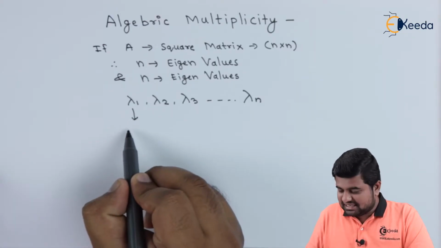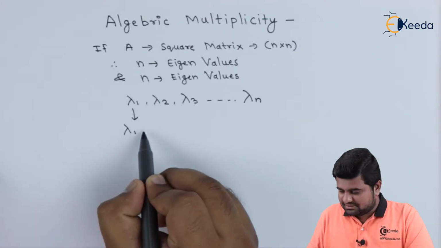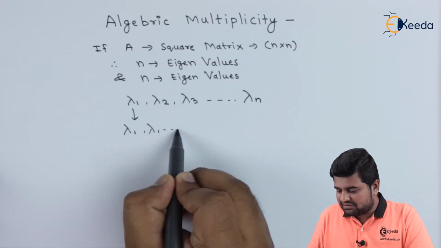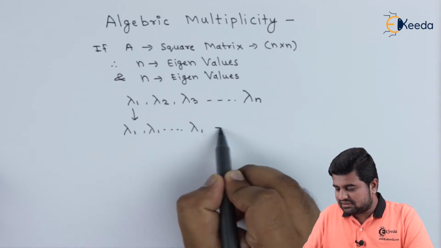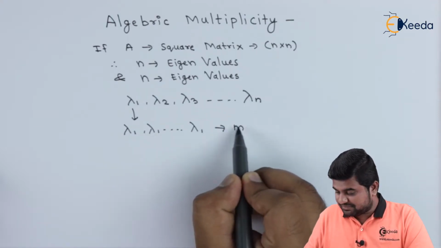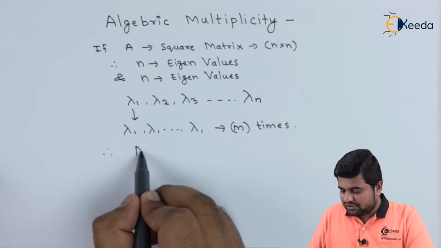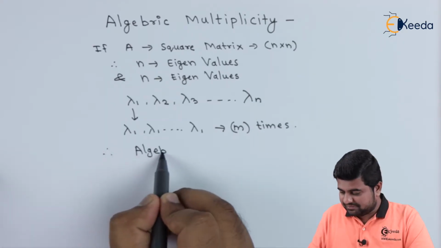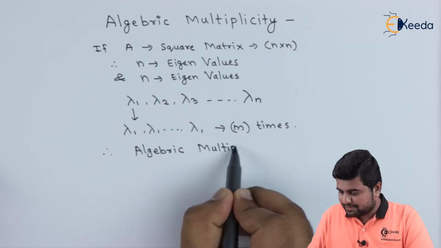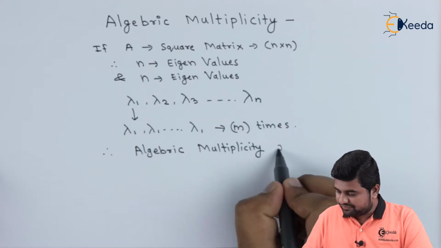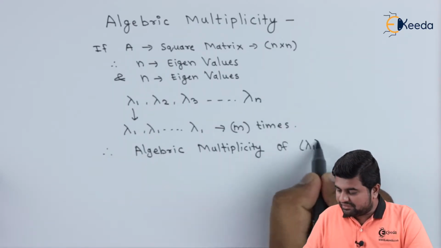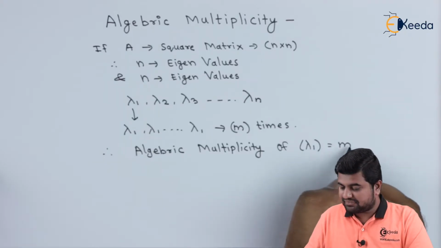Suppose lambda 1 is getting repeated m times. Therefore we say algebraic multiplicity of lambda 1 is equal to m.